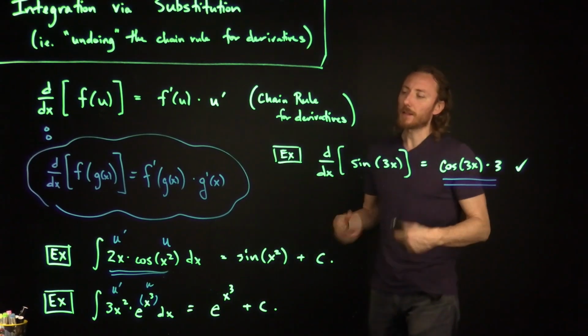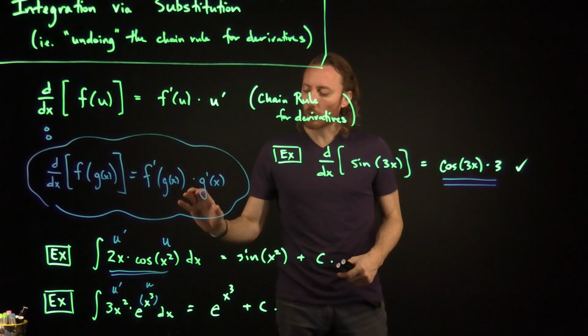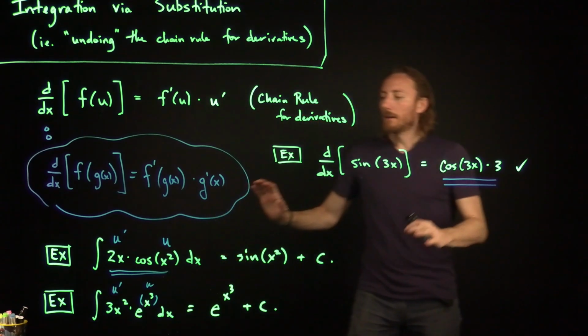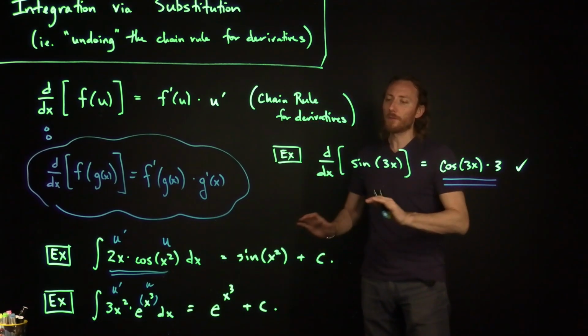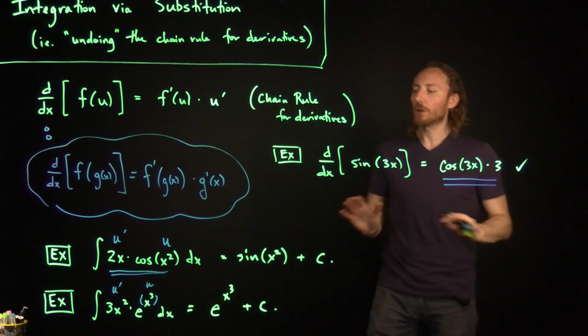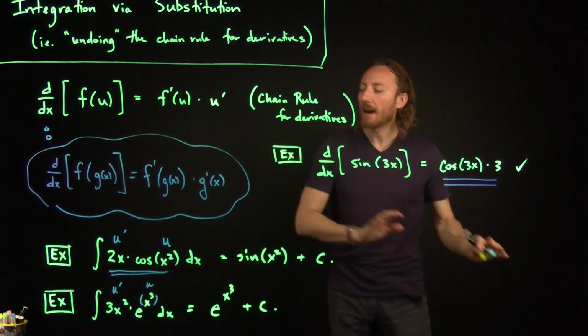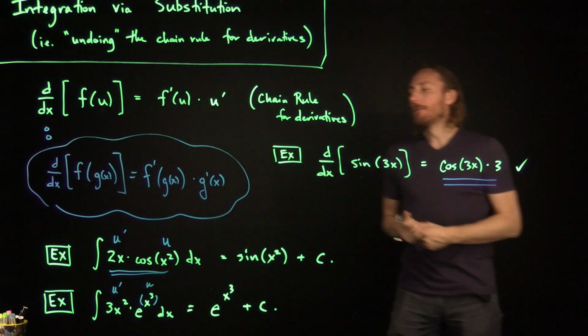And so the idea here is when we are integrating, in some sense, we are almost playing derivative detective. We're trying to determine what function would have the function inside our integral as its derivative.